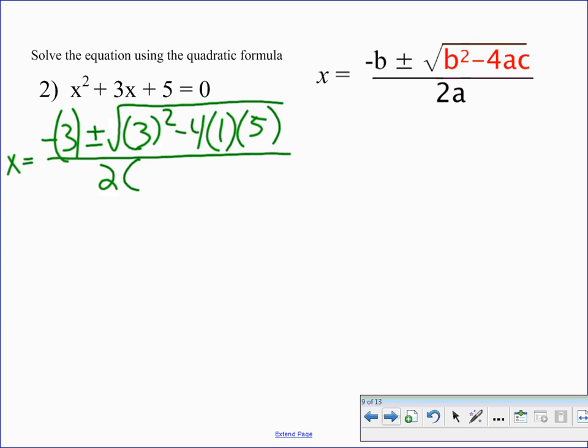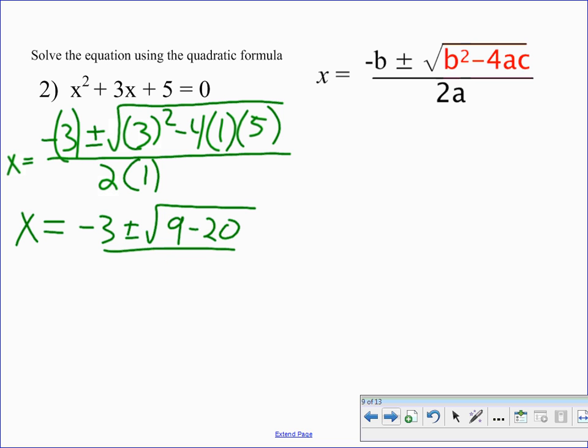That way when you type it in the calculator, you get the right answer. So this is negative 3 plus or minus the square root of 9 minus 20 over 2, or x equals negative 3 plus or minus the square root of negative 11 over 2.